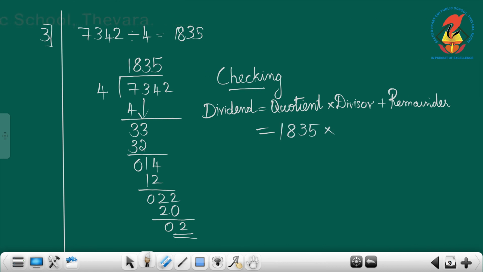1835 into the divisor is 4 plus remainder is 2. Say dividend is 7342. Okay.